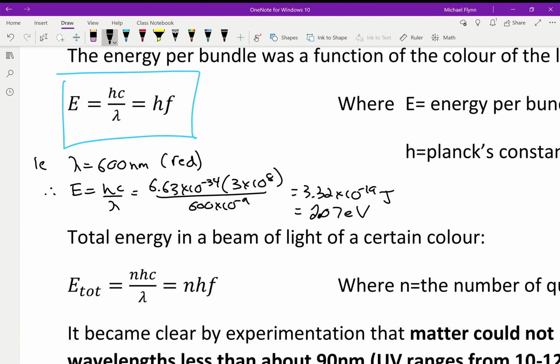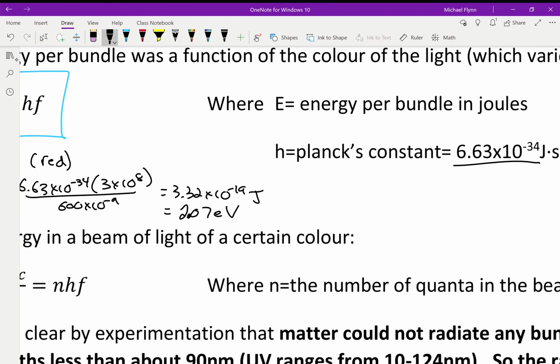Now, if I try that again for blue, so let's span the visible spectrum, if I try blue light at 300 nanometers, I'll just give you the answer.